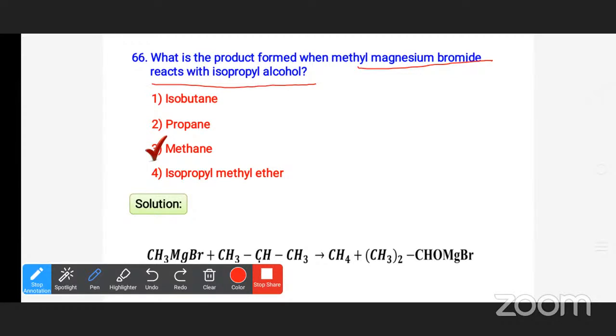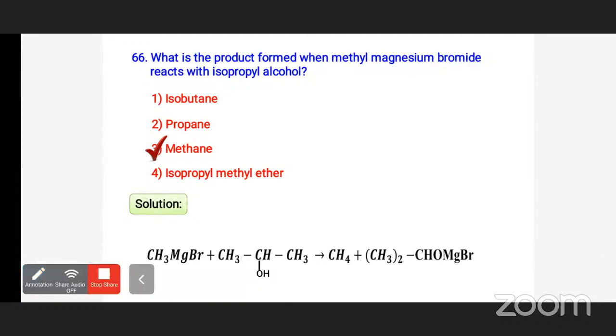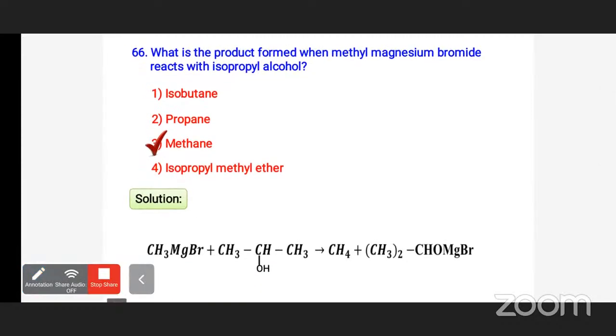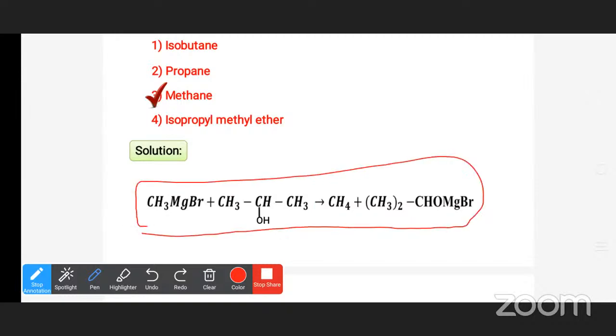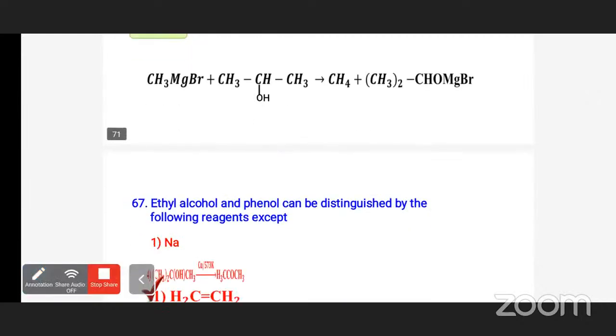Methyl magnesium bromide, a Grignard reagent, reacts with isopropyl alcohol to form methane, CH4, along with the remaining product. This is a Grignard reagent reaction, and an alkane, methane, is formed.